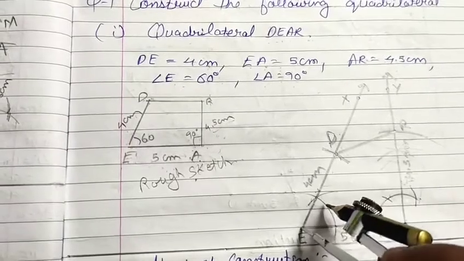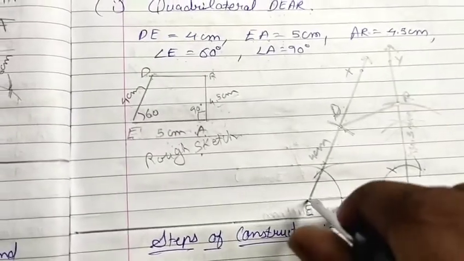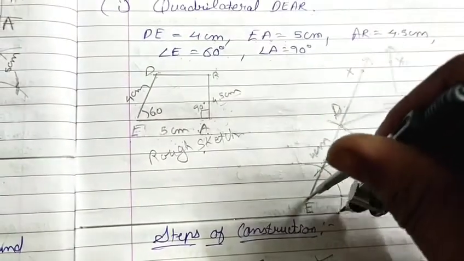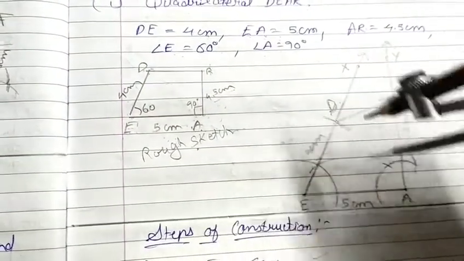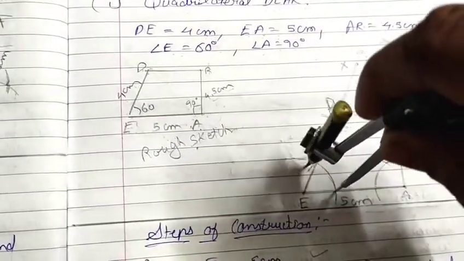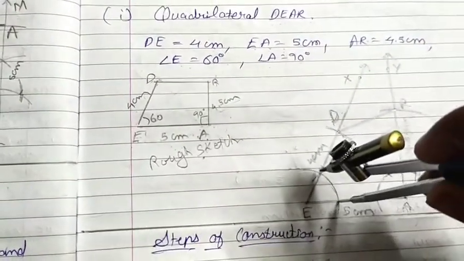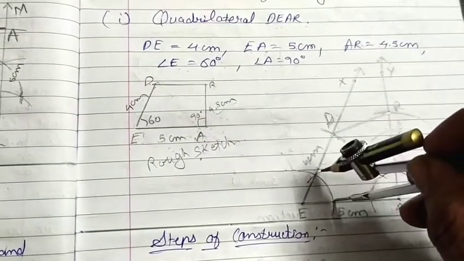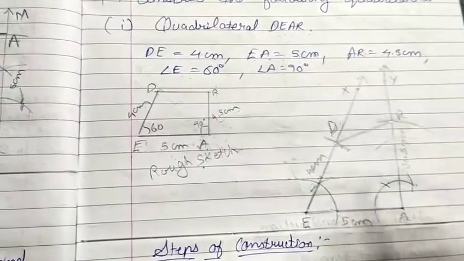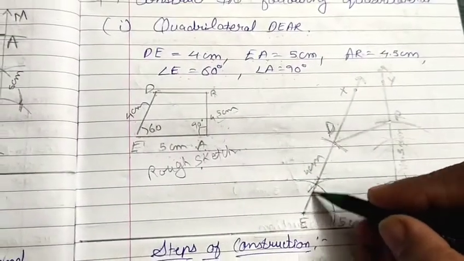With center E, take any convenient measure and try to draw an arc in this way. Then wherever it gets cut, with the same measure you cut that previous arc. Wherever it gets cut, it is our 60 degrees.